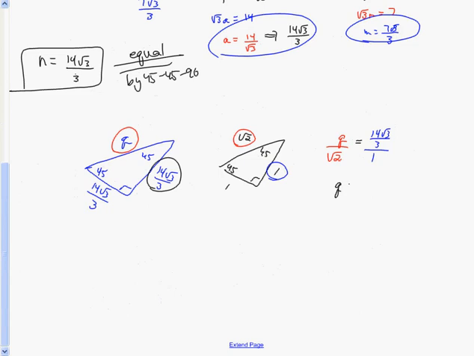Cross multiplying, I have Q is equal to, well, that is going to be 14 square root of 3 over 3 times the square root of 2, which is getting a little crazy, but we're going to make it, which is really Q is 14 square root of 6 over 3. And yay, yay, yay, that's what it's supposed to be.